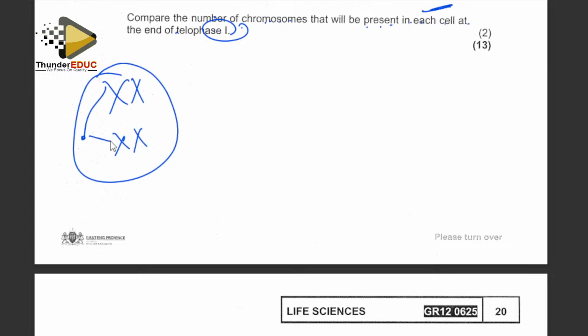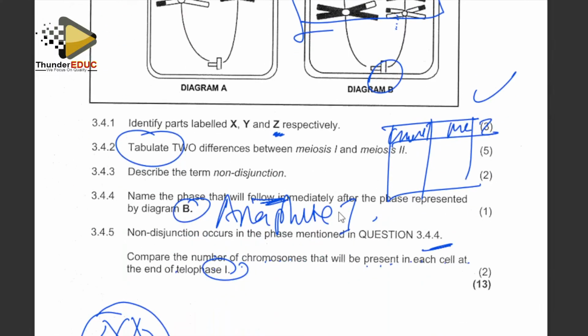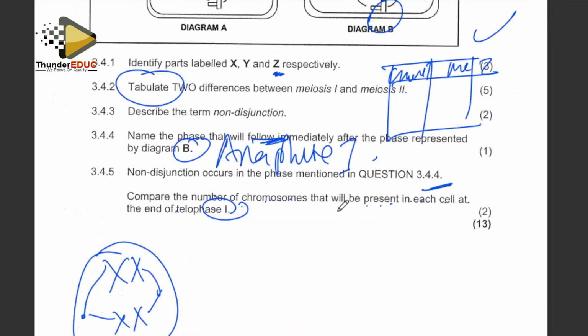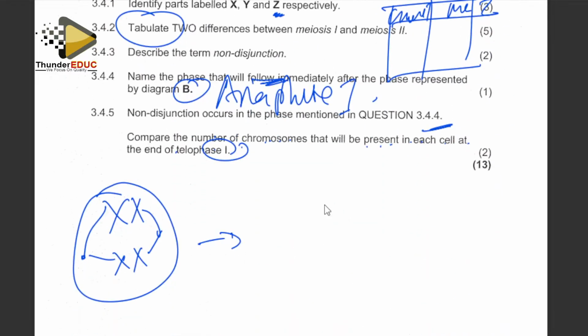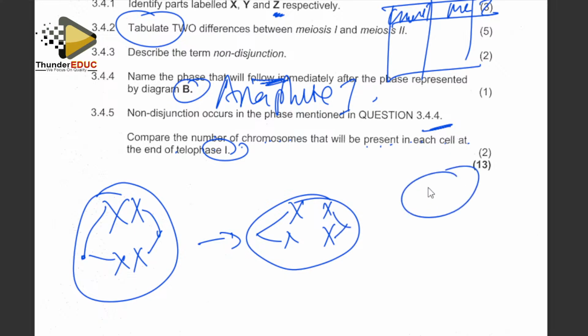I've just rotated them. 1, 2, 1, 2. So when anaphase happens, it is supposed to split like that, so that now you form this one. You must have 2 of them, and this one must also have 2 of them.